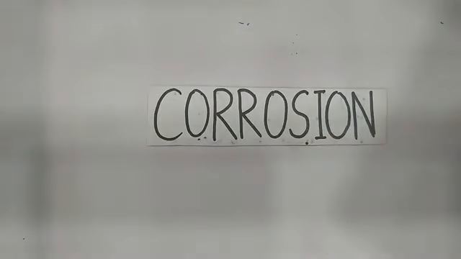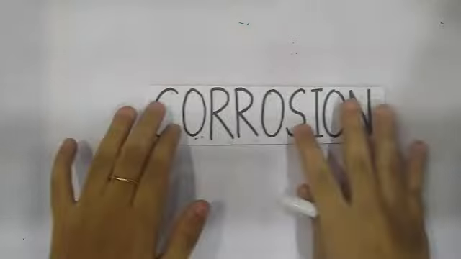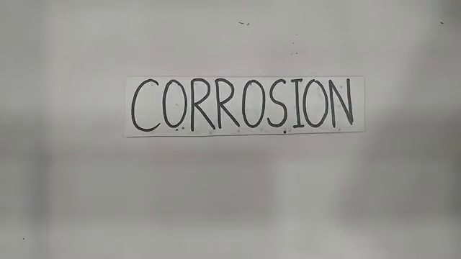Now let us talk about a few effects of oxidation and reduction reactions. These are the kind of reactions that take place in our surroundings. One of those is called corrosion. You must have observed that when you leave iron outside, maybe on your terrace, for some days, and when you go and observe it, you will see that the iron has rusted. That is because it got oxidized.